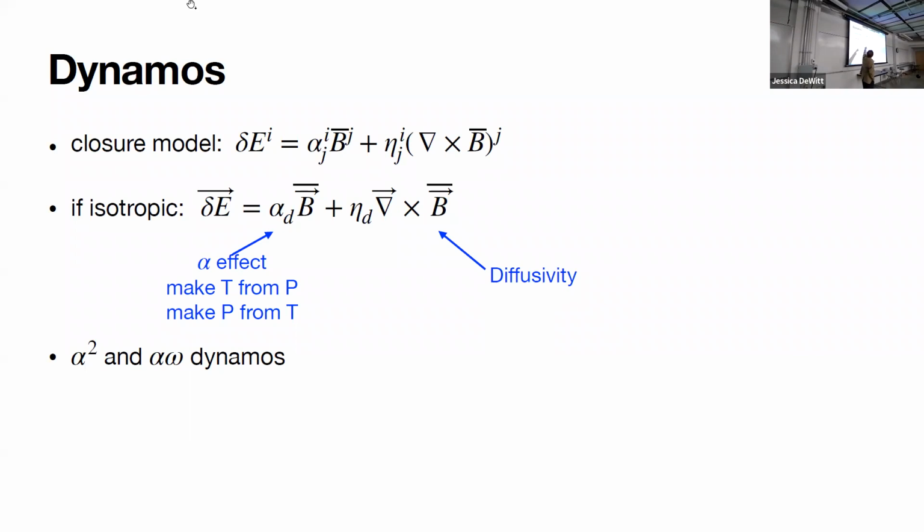So what I need alpha to be is some sort of pseudoscalar. I could do something like taking an axial and a polar vector and dotting them into each other. So there are constraints on what types of terms you can throw in here, thankfully.